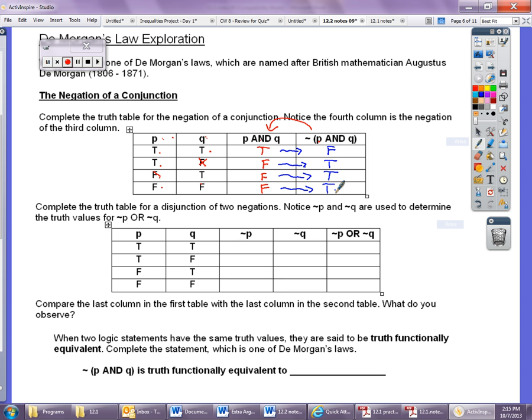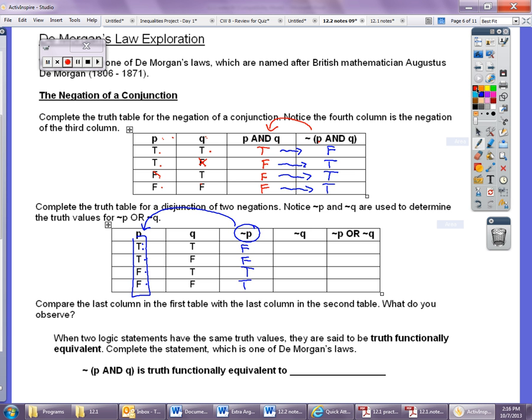Now the next one says complete the truth table for a disjunction. If you notice, it says not P. So we are going to go back to this one, and we want to negate P. True becomes false, true becomes false, false becomes true, false becomes true.